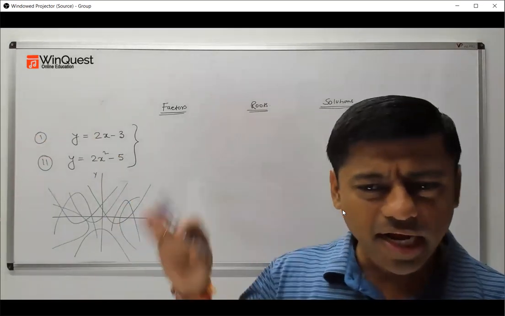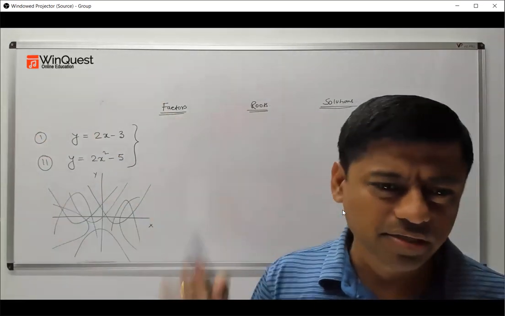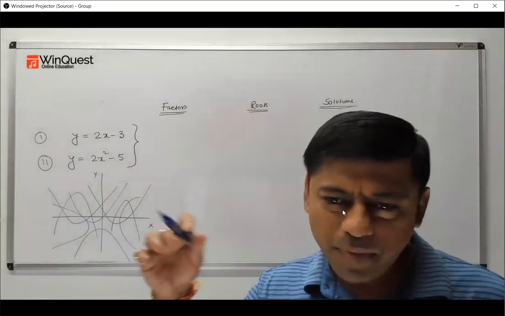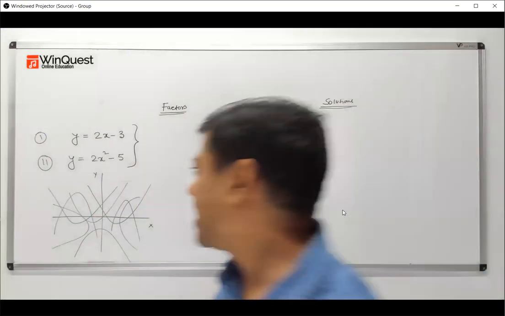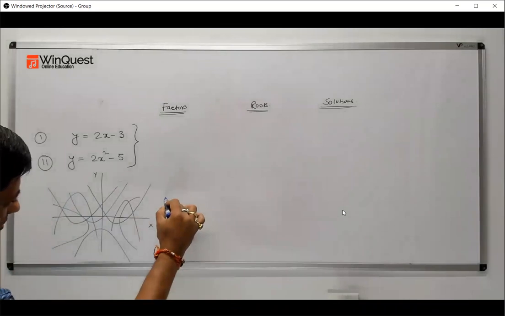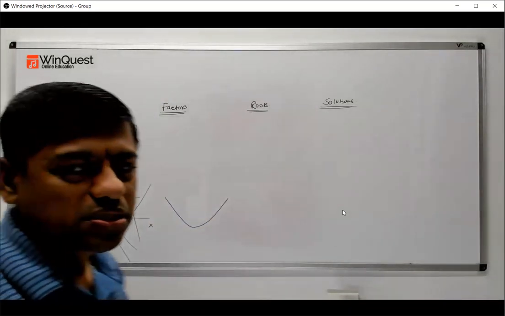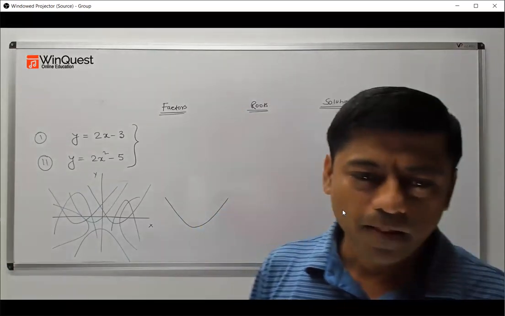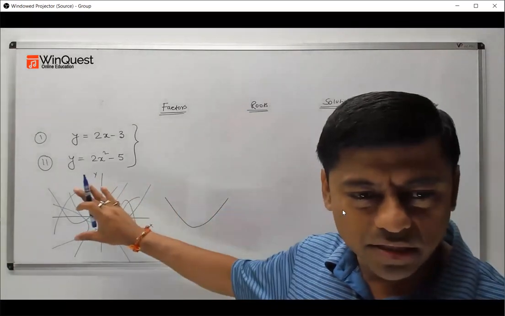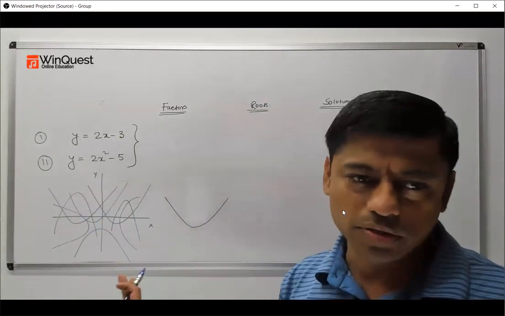It can be right, left, corner, whatever it is, but they are all taking an expanded V shape. Expanded in the sense it is coming like this and then going like this. This is how the shape of the parabola is.